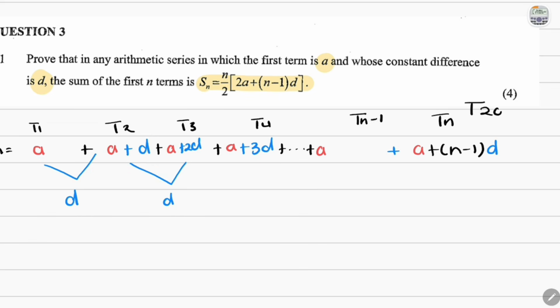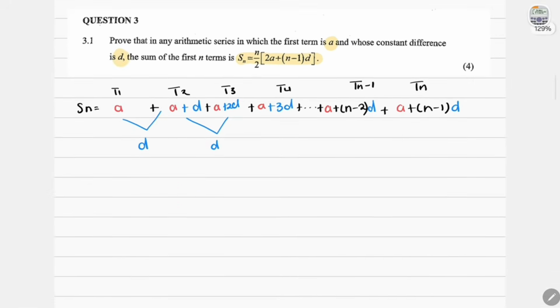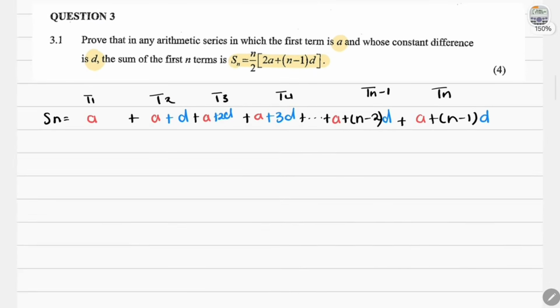So if this was term 20, this is term 19. Of course, that's the term number. So this is going to be A plus, and here we'll have n minus 2D, because it's 1 less. You're saying n minus 1 and you're saying 1 less, so you're saying minus 1, so that becomes minus 2. So this is what we have, and we're really just going to work with this.